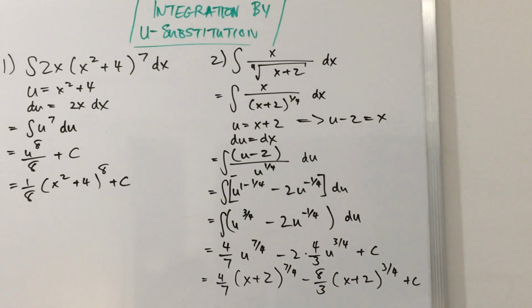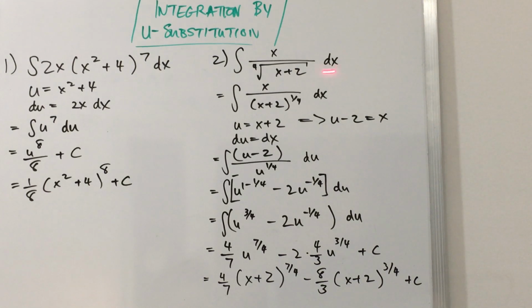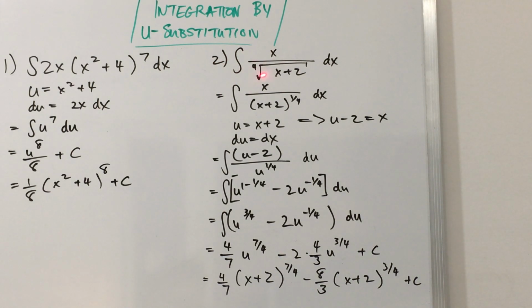We're going to move on to example number 2. You have the integral of x over (x plus 2) to the exponent 1 over 4 dx. I just rewrote that here. It's completely the same thing as this.